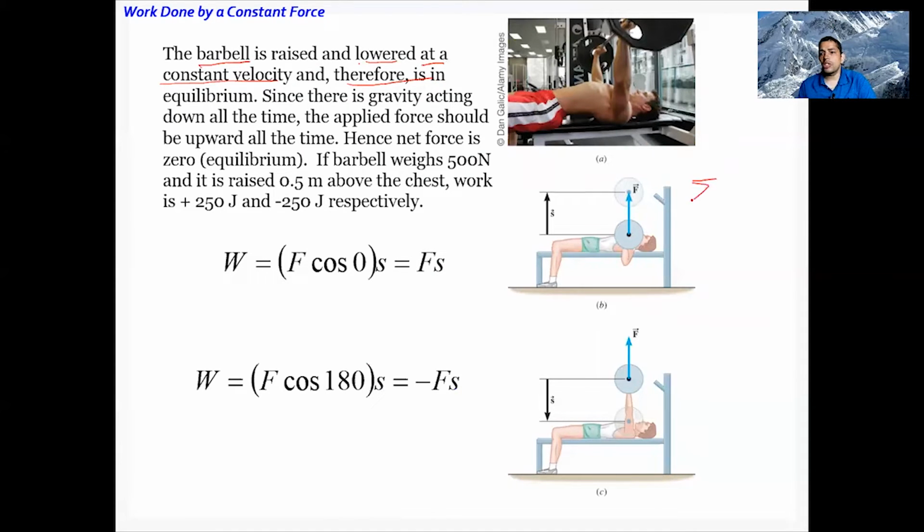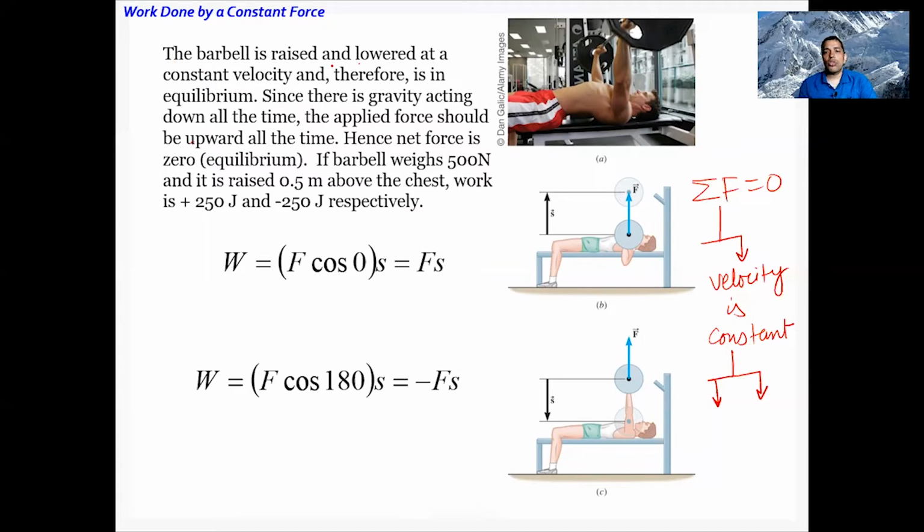So equilibrium means summation F equals 0. Summation F equals 0 means velocity is constant. Either the object is at rest or the object is moving with constant velocity.